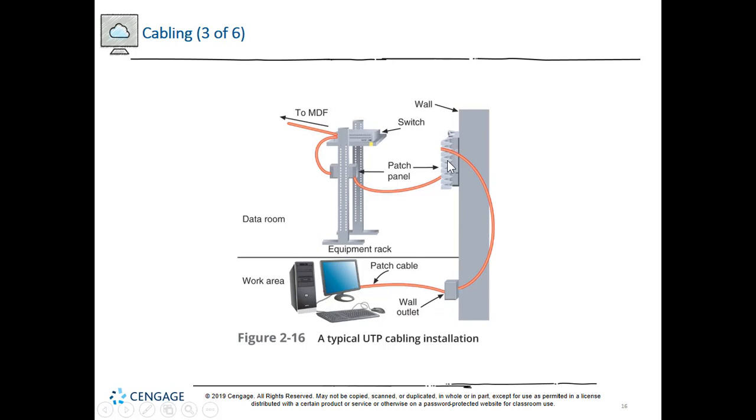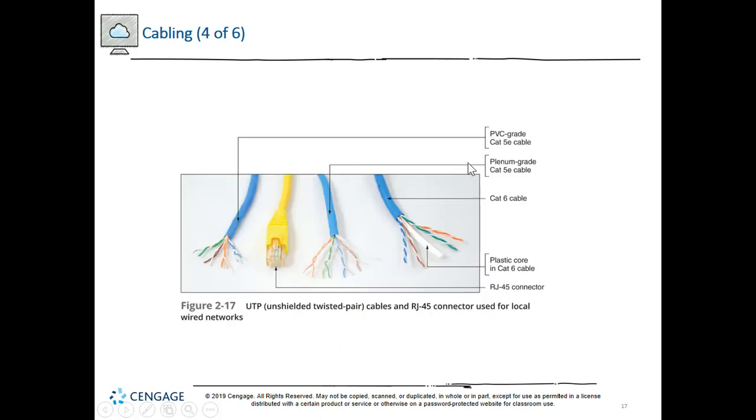This type of connection here, which is called our 110 block, is one of the types of installations that is really falling out of favor. The speeds do not allow us to maintain our gig speeds that we're looking for today. So we're looking more today that we use a 110 patch panel, and we're eliminating this cross connect here. We typically see this piece here when we're working more into our voice area.